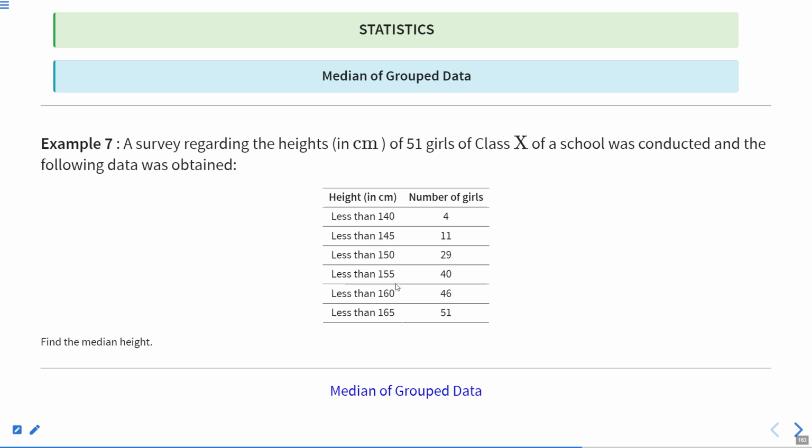Less than 155, 40. Less than 160, 46. And less than 165, 51. Here, find the median of the height.